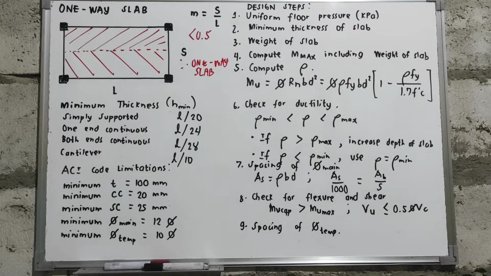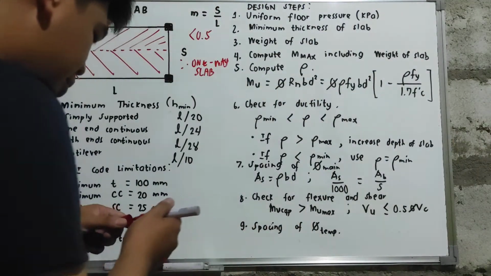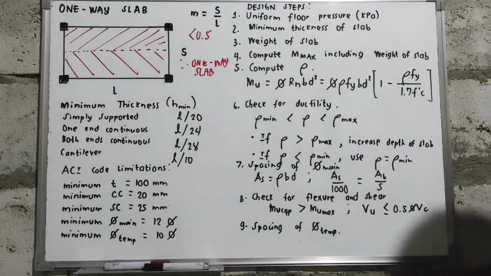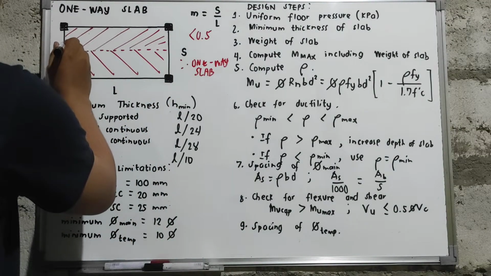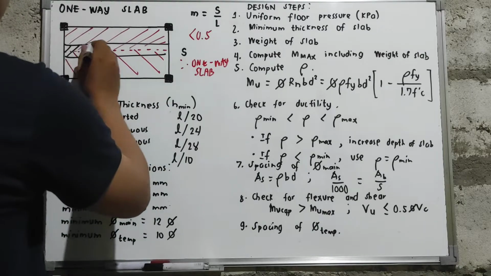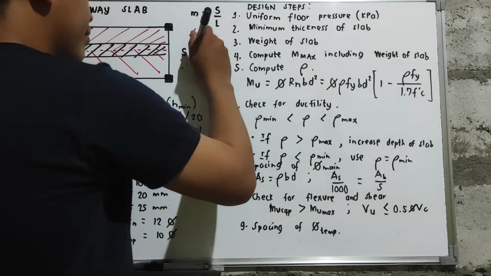So, usually ginagawa natin in computing, considering one-way slab natin, we are considering a 1 meter strip. Dito magko-consider tayo ng 1 meter strip. So with this, kukuha tayo dito ng 1 meter strip.